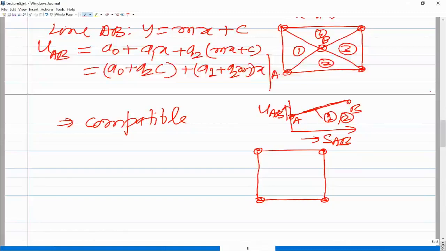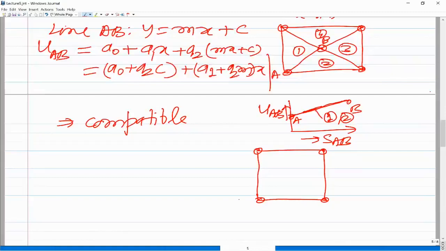I'm not talking about the shape function. I'm talking about the values of u and v at A and B. So the values of u and v at nodes A and B would be the same, but the shape functions could be different. I mean, the form of the shape function could be different. Yes, sir. Thank you, sir.